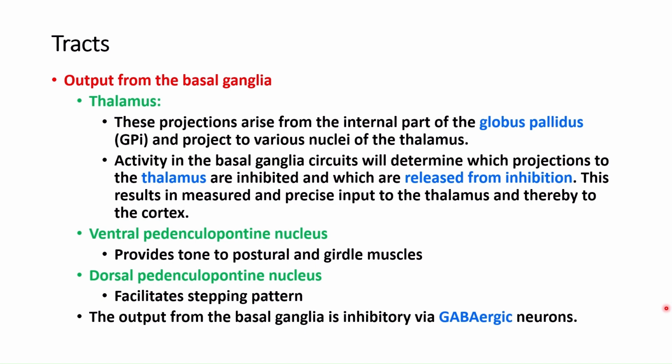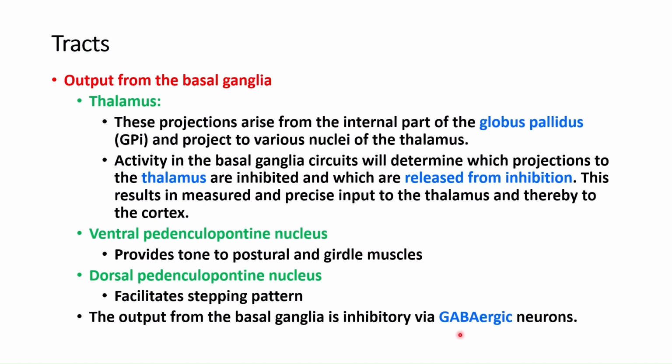If that inhibition is released, the information can go from the basal ganglia to the thalamus, and from the thalamus it can go to the cortex of the brain. So either there is an increase in sending the information, or it will inhibit sending that information, and that is based on GABA.